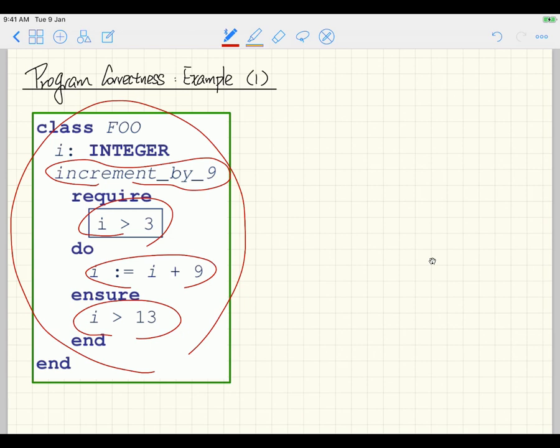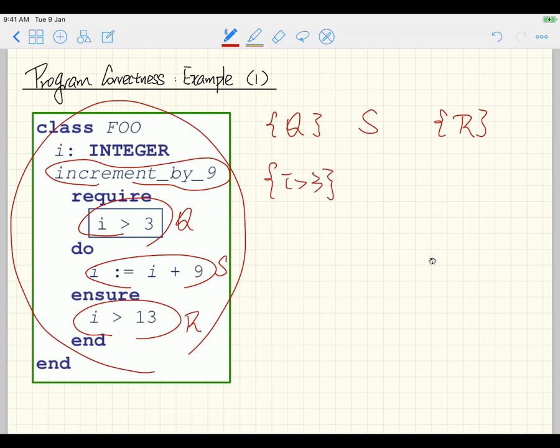We say the precondition, usually we just use Q, is a predicate. The postcondition is simply R as a predicate. And then we have S being the implementation. The Hoare triple looks like this: curly brackets around Q, the precondition, then S, the implementation, and then curly brackets around R, the postcondition. For this specific program, we have i larger than 3 as the precondition.